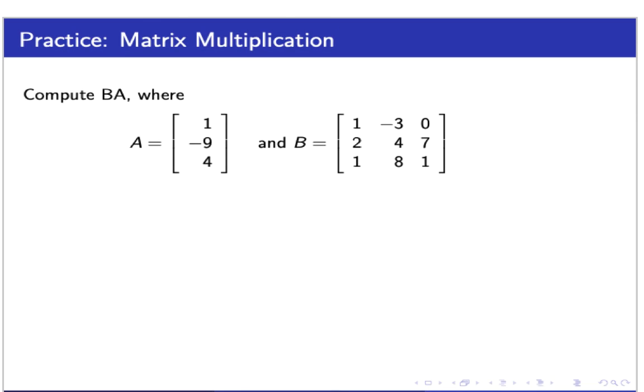So all these are practice for you guys. Now B times A. Now B, remember, is a 3 by 3 and A is a 3 by 1. So when you do B times A, what are you going to get? You're getting a matrix of size 3 by 1. Okay, this matrix multiplication is also possible.